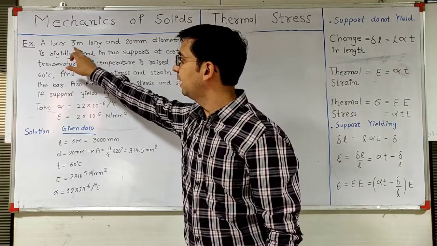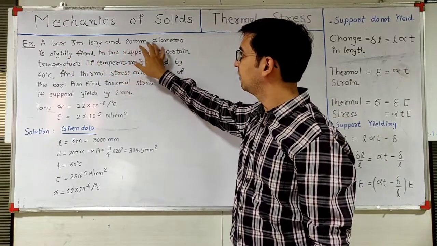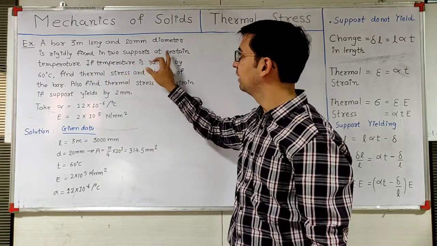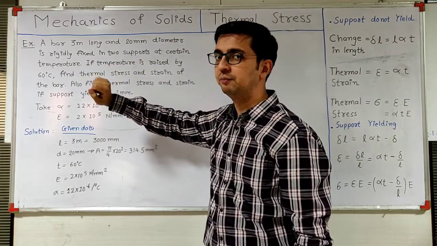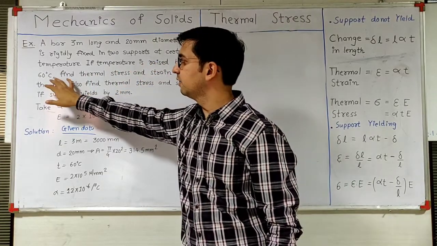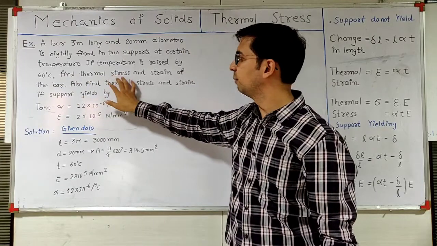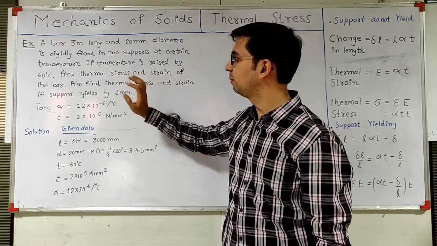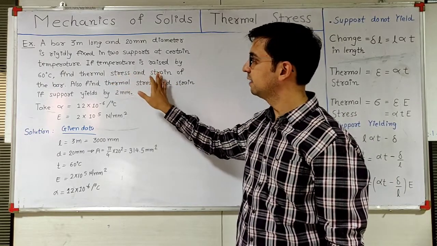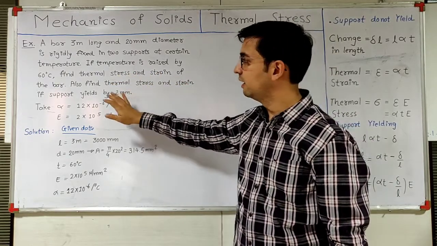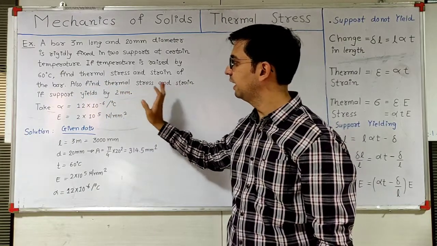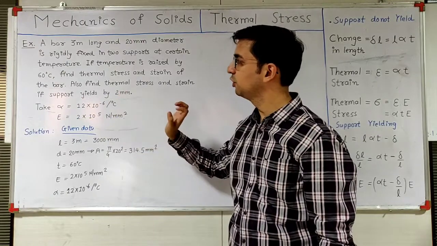Description is: a bar of 3 meter long and 20 mm diameter is rigidly fixed in two supports at a certain temperature. If the temperature is raised by 60 degrees Celsius, find thermal stress and strain of the bar. So first parameter needed is thermal stress and strain, and second parameter, also find thermal stress and strain if support yields by 2 mm.